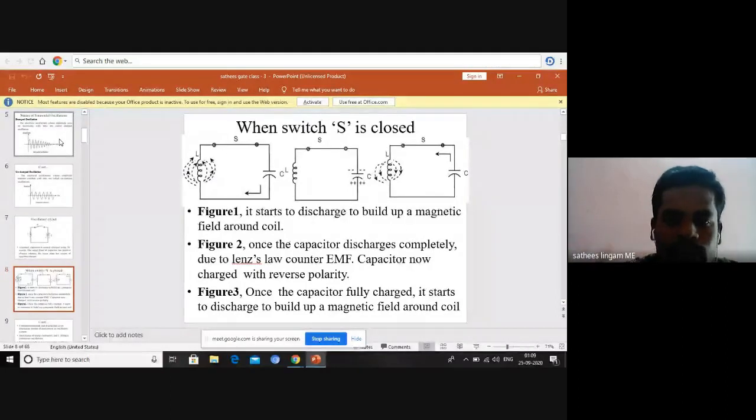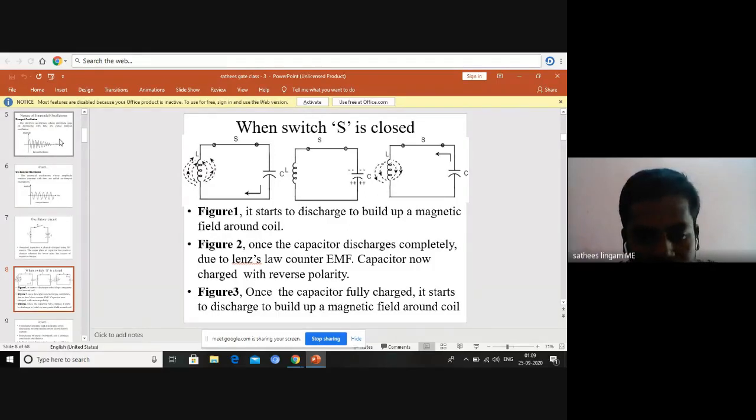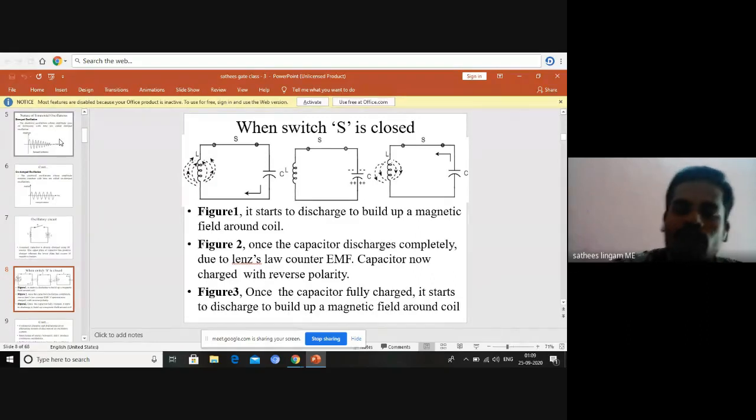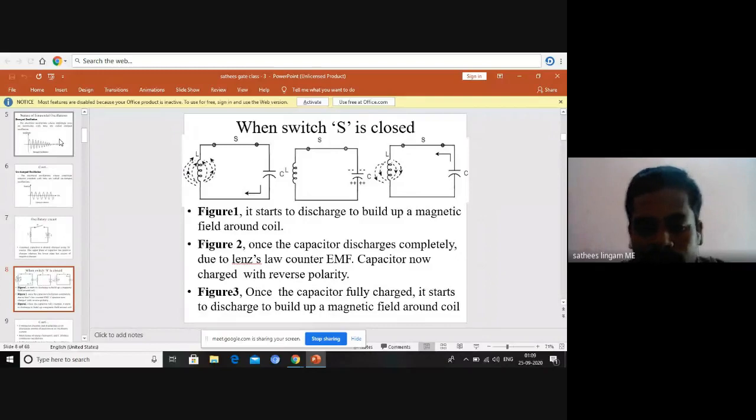Discharging the entire charge takes some time interval, and in every interval it gives some small voltage. So when the accumulated charge discharges through the inductor, that is the positive half cycle.